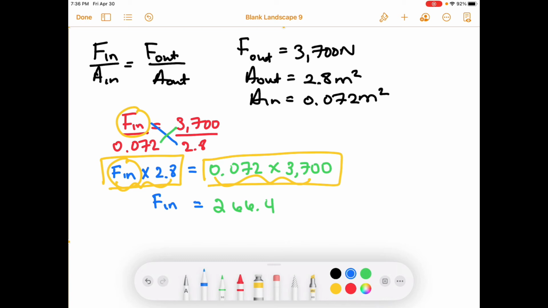We're going to divide that by 2.8. Therefore, F in is going to be 95.1. Or if you want to round it up, 95 newtons.